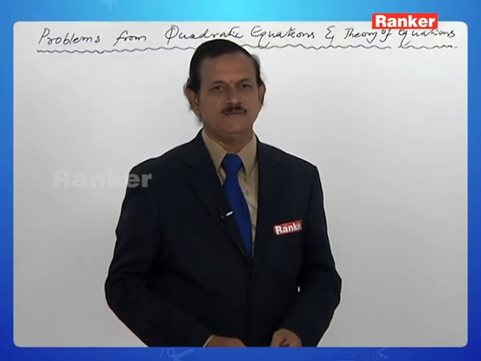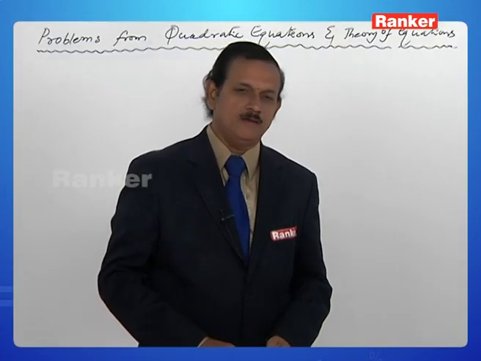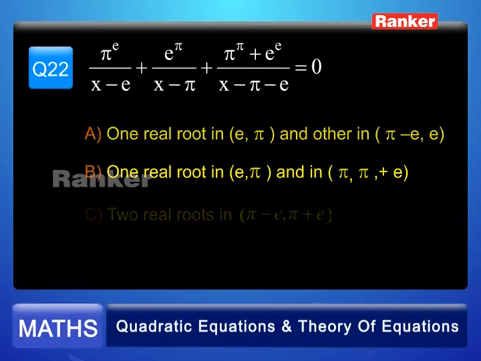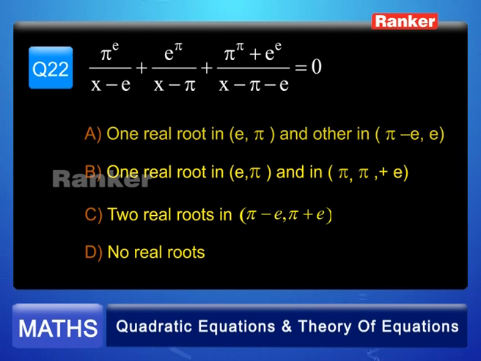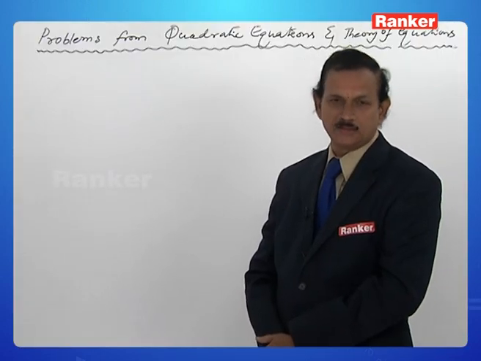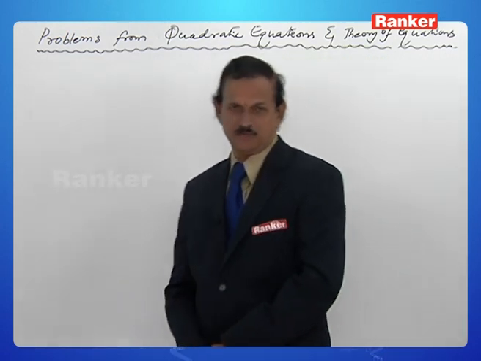The next question we are going to deal with is a big equation has been given, pi power e by x minus e plus e power pi by x minus pi plus pi power pi plus e power e by x minus pi minus e is equal to 0. And four options have been given regarding the nature of the roots of that given equation.